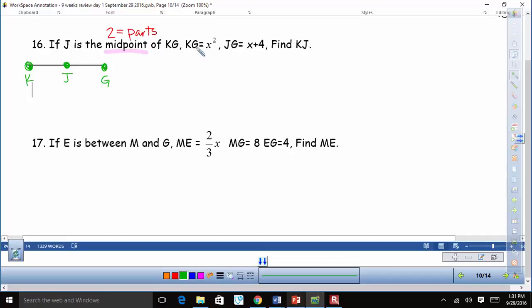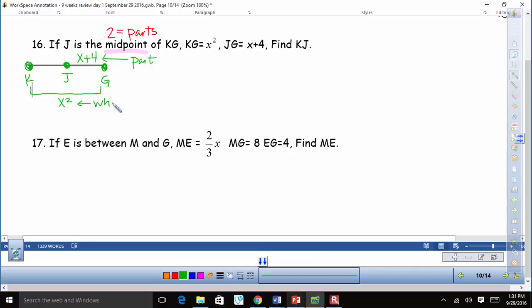Then it tells me that K to G, so from this endpoint to this endpoint, is x squared. And then it tells me JG, from here to here, is x plus 4. Okay? So is JG a part or a whole? A part.